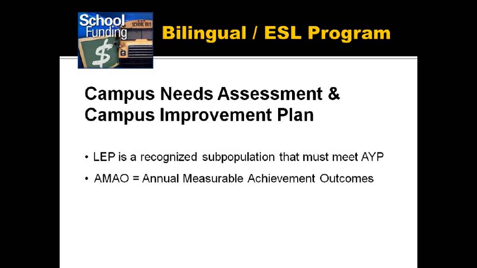If the LEP subpopulation meets minimum size requirements, but does not meet the performance standards set by TEA, it could put a school in danger of not meeting AYP. So addressing the language needs of LEP students should be addressed in any campus improvement plan.